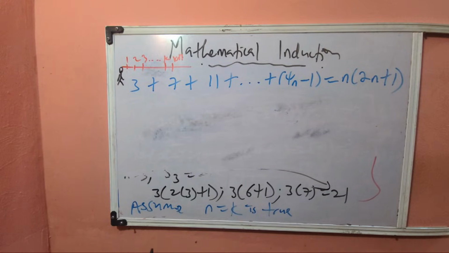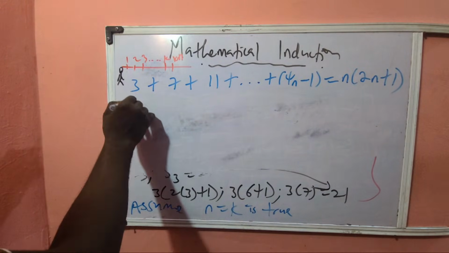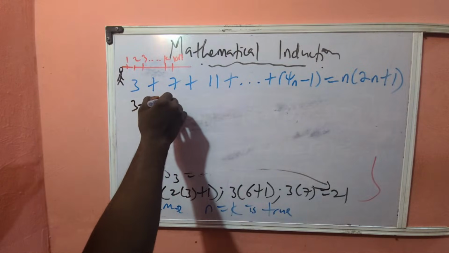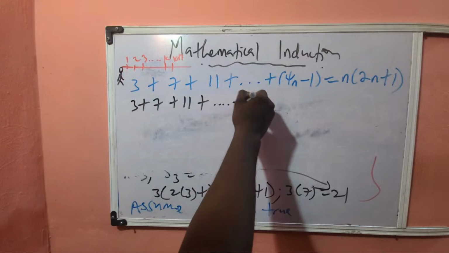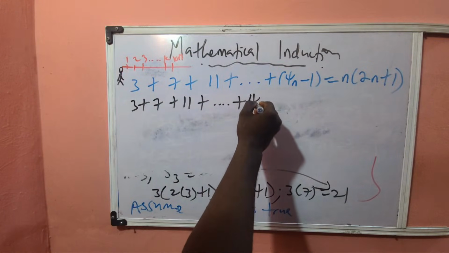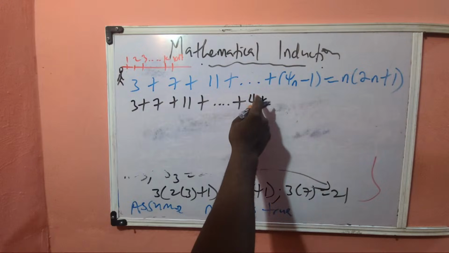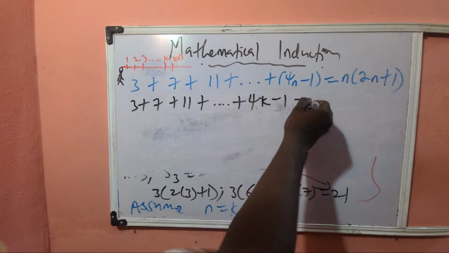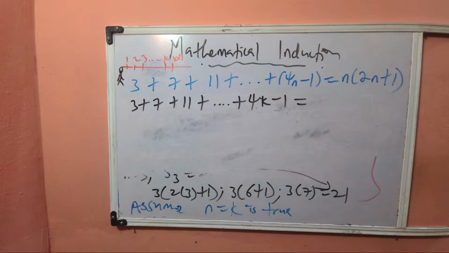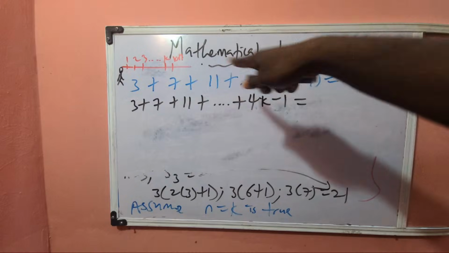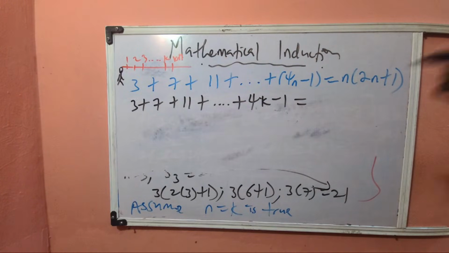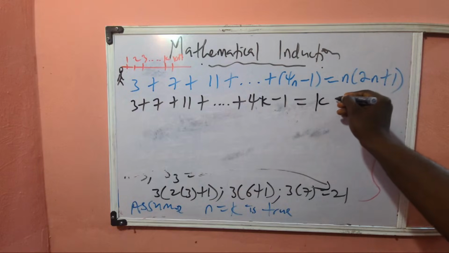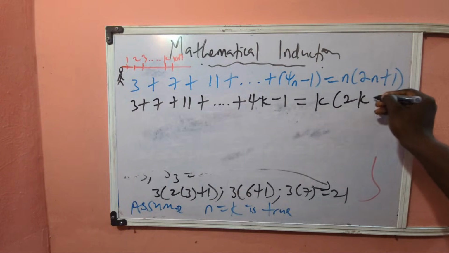So we are saying that if n equals k is true, when we kept on adding 3 plus 7 plus 11 plus and on, plus 4k minus 1, we are now sure, because of the first 3 we have done, that if we added the first one, the second one, the third one, up till the kth one, where n was k, it's going to be equal to k into bracket 2k plus 1.